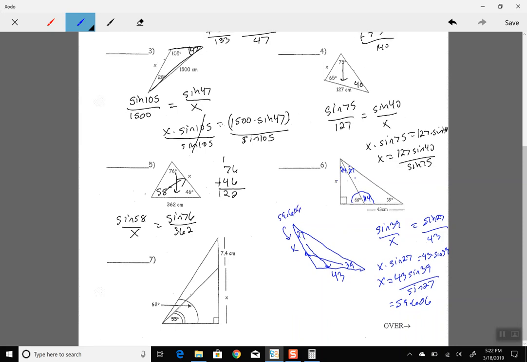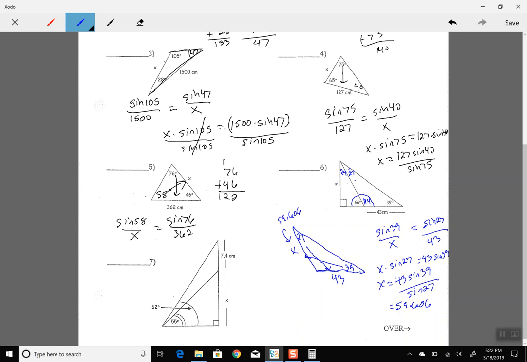So now when I'm looking at my right triangle, I've got 60, I've got x, and I know this hypotenuse for it is 59.606. That was a 66-degree angle.